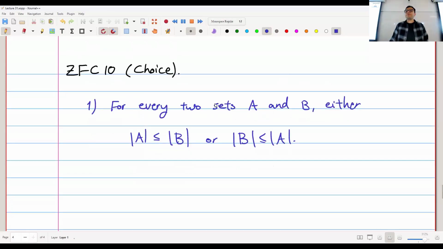So if I have this axiom, my life is much nicer because now I can really compare all the sets. And I don't have to prove that I can compare all the sets because it's an axiom.